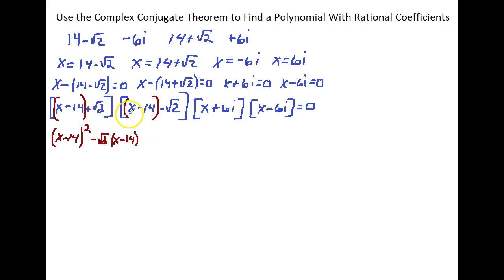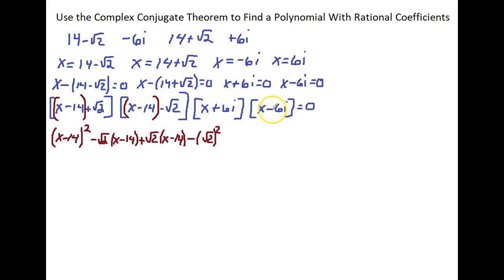Then do the inside. I have plus radical 2 times x minus 14. And then do your last terms. Positive radical 2 times negative radical 2 is minus radical 2 being squared.